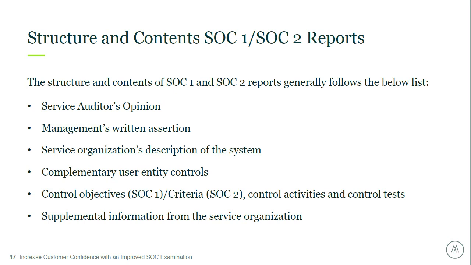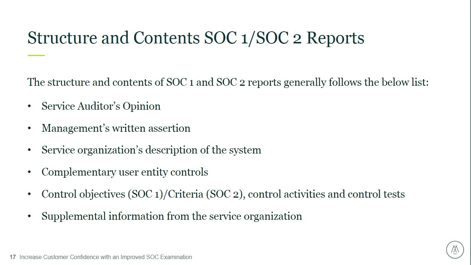The second section of the report is usually a combination of management's assertion letter, the service organization's description of the system, or oftentimes the narrative, and the complementary user entity controls. So that's the second section, and that section is the service organization's responsibility to write and to create.